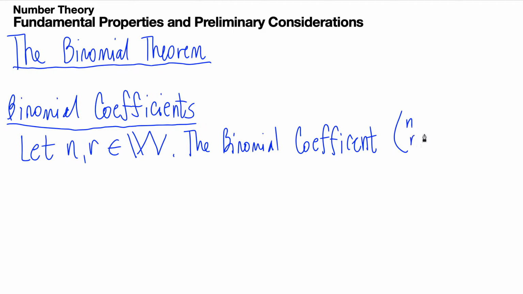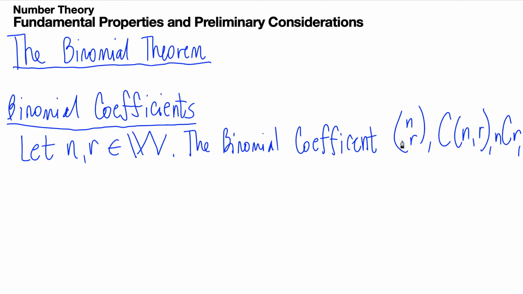n r. Some books also denote them as C(n, r), or you can see this in your calculators, nCr. In basic mathematics we always use nCr, but in our book we're going to follow this notation.